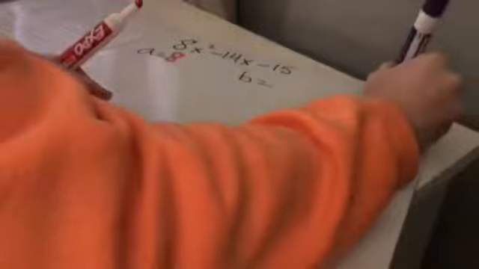Okay, you always start with your factors of A and your factors of C. A is your coefficient on x squared, so A is 8, and C is always your constant, so C is negative 15. You have to take the sign with it. Then I'm going to list factors of these two. So factors of 8 are 1 and 8, 2 and 4.